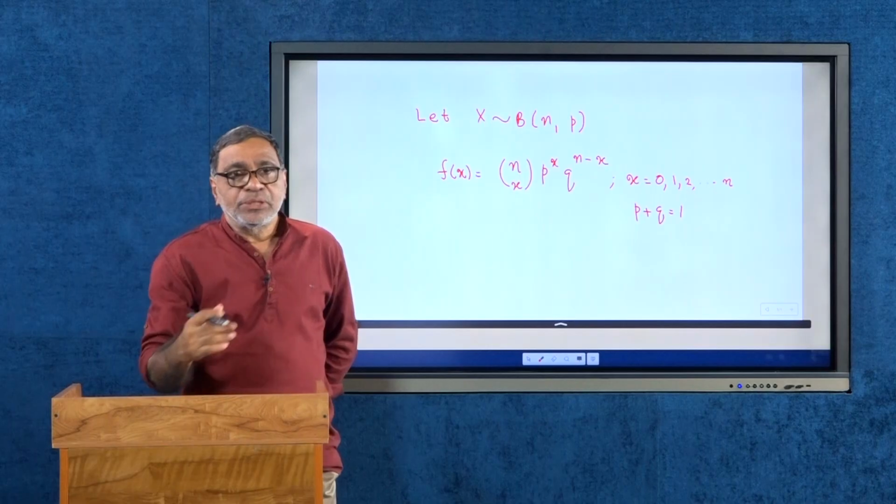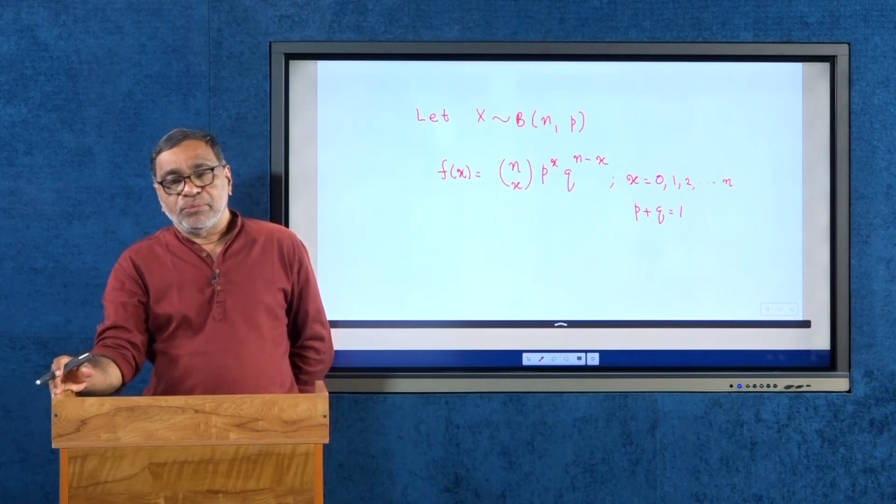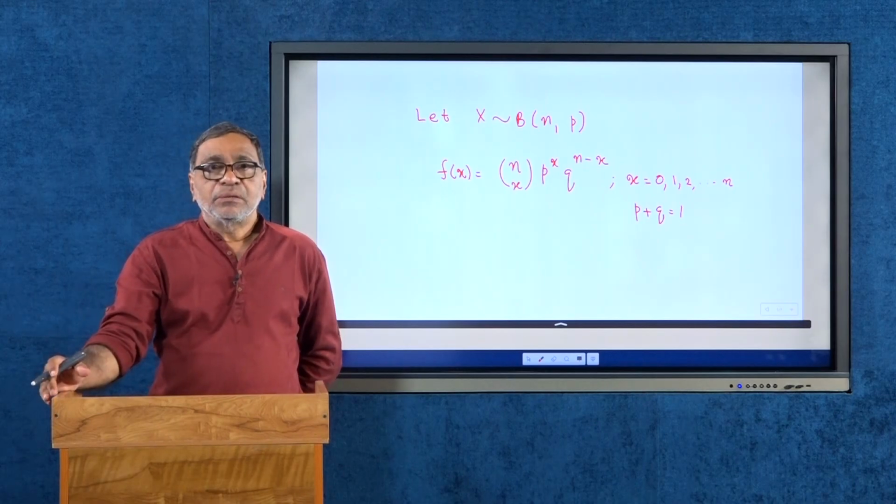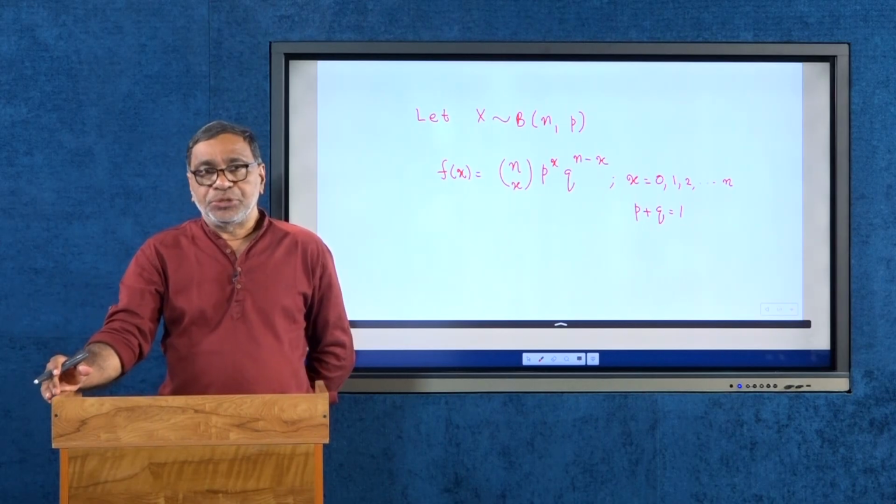This is the probability mass function of the binomial random variable. Our aim is to obtain the mode of the distribution.